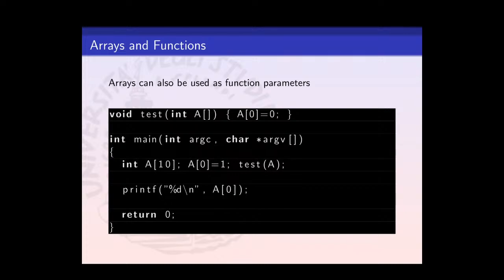Remember, at the beginning we initialize an array, we assign to the very first value of the array the value 1, then we call the function test, which resets to 0 the content of that cell, and then we try to print the content of that cell in the main function. So any idea? Can you try to guess what's going on?